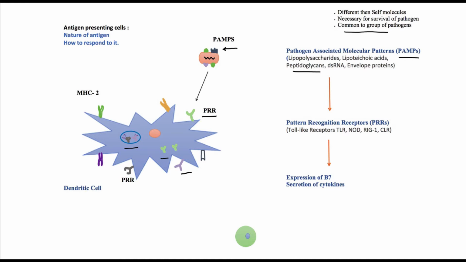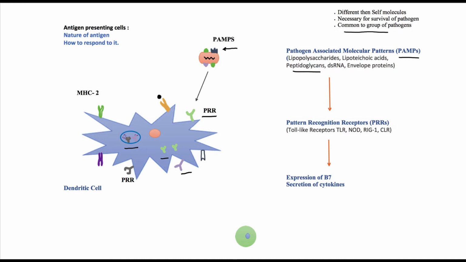So when antigen-presenting cells like dendritic cells ingest a pathogen, peptides derived from degradation of this pathogen are presented on HLA molecules on surface of antigen-presenting cell. Other molecules derived from this pathogen are recognized by pattern recognition receptors in cytoplasm and endosomes of these cells.